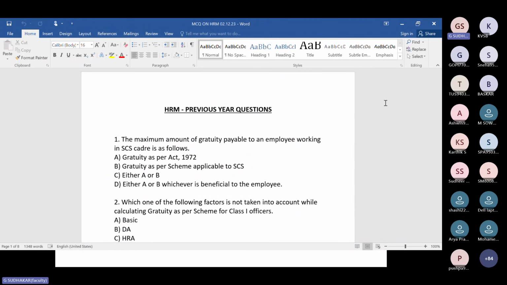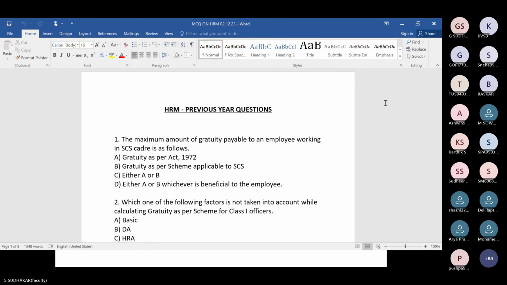That is the limitation for SCS cadre. But for class 1, there is no limitation. You have to add A plus B. If it comes to 28, you will get 28. If it comes to 35 for DGM, or 45 for GMs, the company will give 45 lakhs gratuity, but the amount above 20 lakhs will attract income tax. There is no limitation in the scheme for class 1, but there is a limitation of amount in SCS cadre.